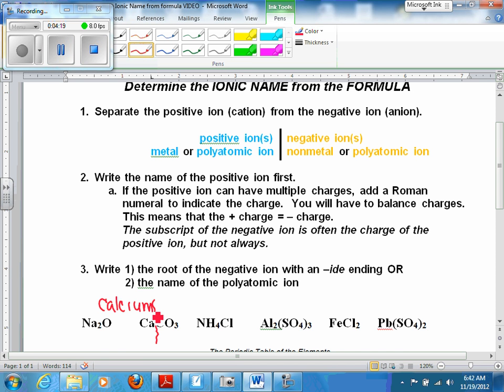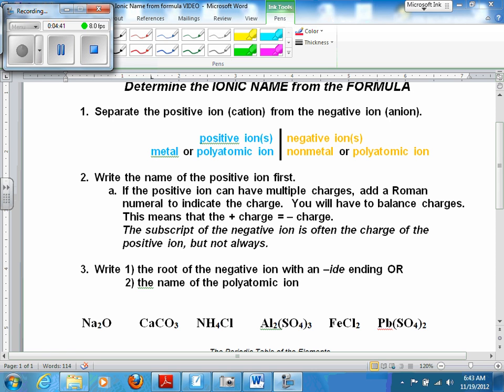Write the root of the negative ion with an IDE ending, or because we have 2 elements here, we know that this is a polyatomic ion. CO3 is carbonate, so this is calcium carbonate. Now all you have to do is just write the name of the polyatomic ion straight up.